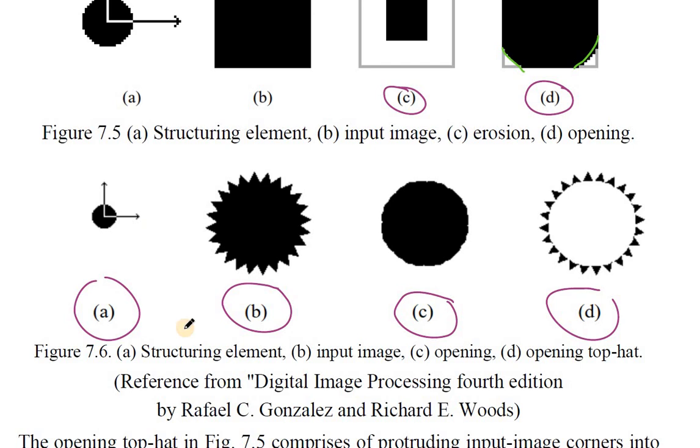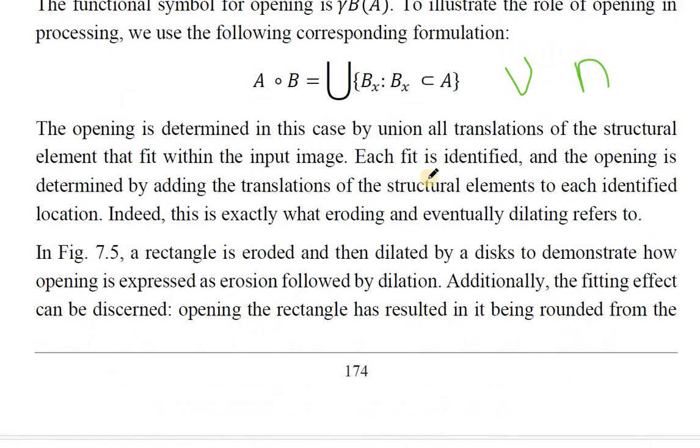Okay, now, union is this symbol U and intersection is like the N symbol. So opening is determined by the union of all the translations of the structural element that fit within your input image. You take your structural element and move it across your entire image, and wherever the fit occurs, you take the union of all those translations.